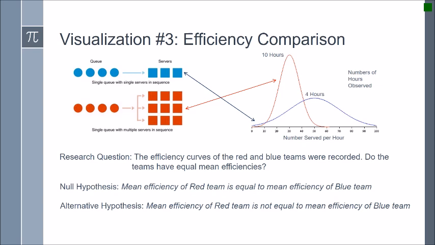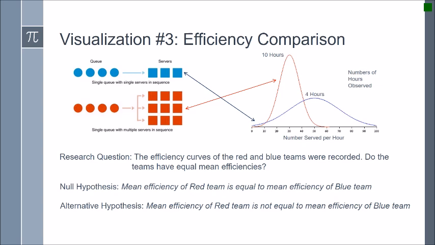Do the teams have equal mean efficiency? So null hypothesis is mean efficiency of red team is equal to mean efficiency of blue team. Null hypothesis being made by me. I hope it will be correct. Alternative hypothesis will be mean efficiency of red team is not equal to mean efficiency of blue team.